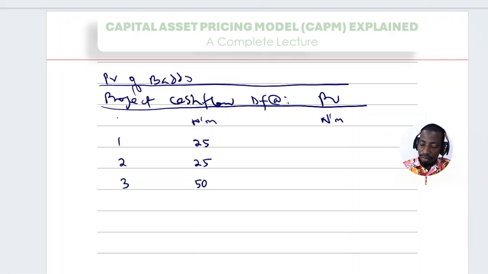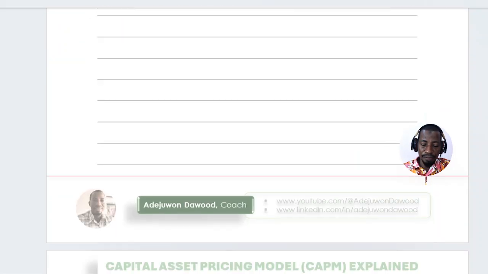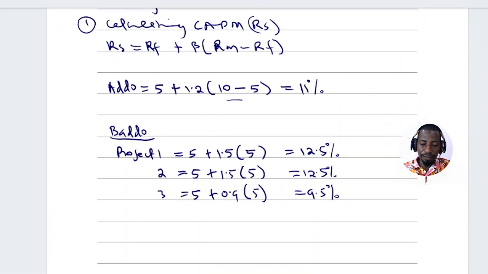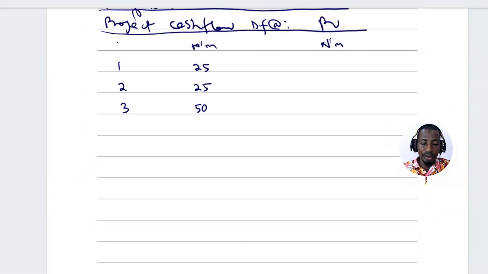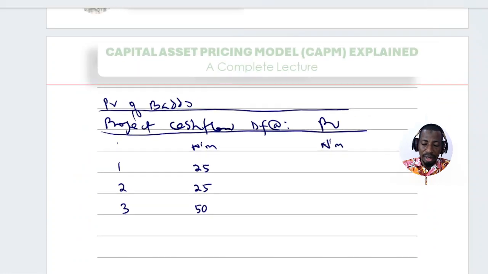Then the cost of capital for Bado is 12.5%, then 9.5%. So we computed cost of capital for the projects of Bado. 12.5% is the same thing as 0.125. So 1.0125 raised to power minus 1. Let me confirm that.